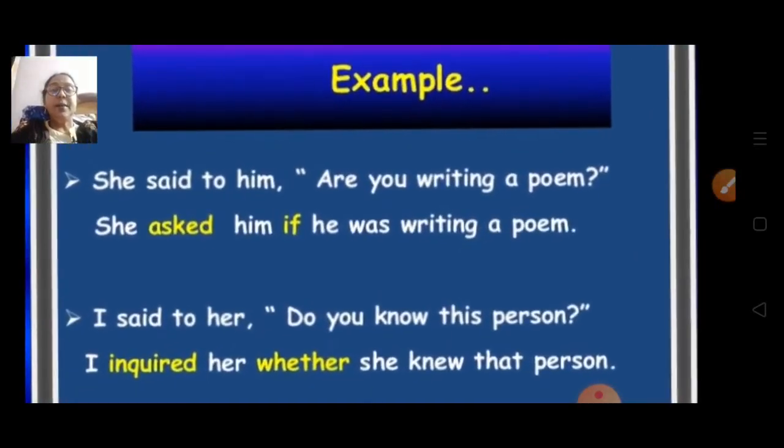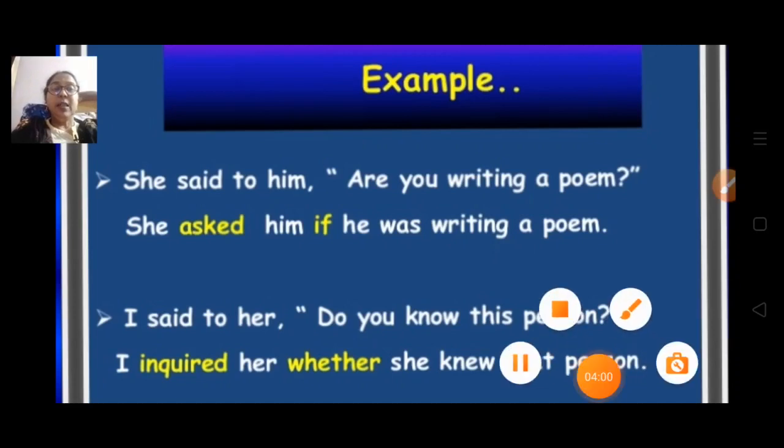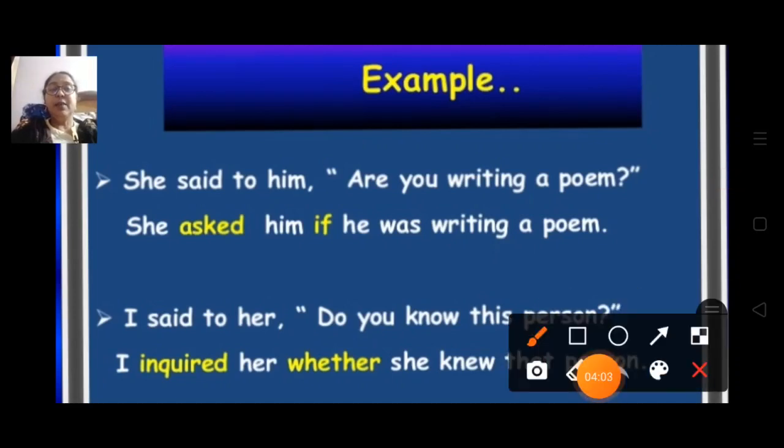For example, she said to him, "Are you writing a poem?" She asked him if he was writing a poem. Always remember, if it begins with are, or is a yes or no question, then, as in "Are you writing a letter?", the question mark is inside the inverted commas.